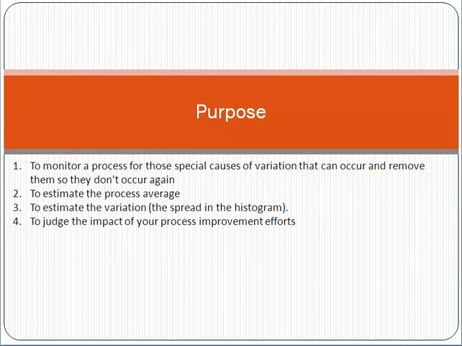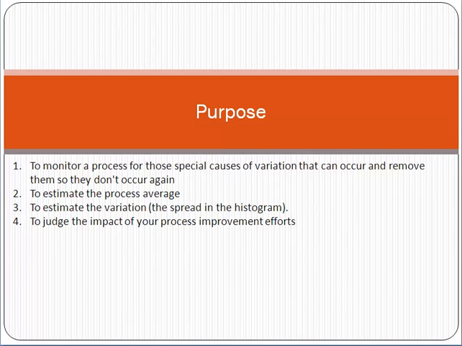Okay, now friend, the purpose of a control chart is to monitor a process for those special causes of variation that can occur and remove them so they don't occur again. Very important: to estimate the process average time, to estimate the variations, to judge the impact of your process improvement efforts.